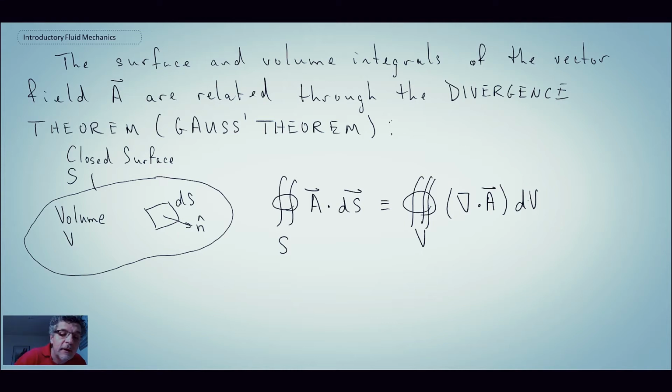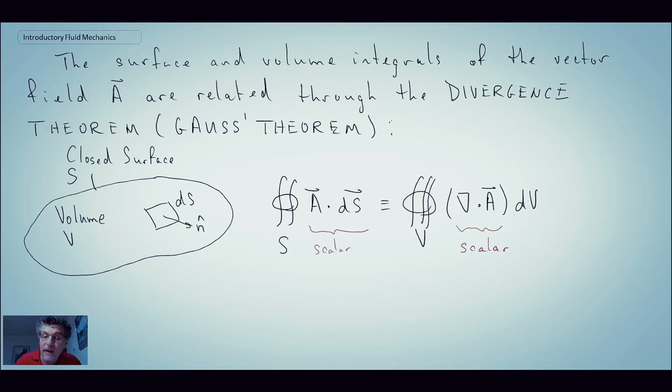So in terms of what we're dealing with here, we know that a vector dotted by another vector gives us a scalar. And then here we have grad dot A, so that is a scalar as well.